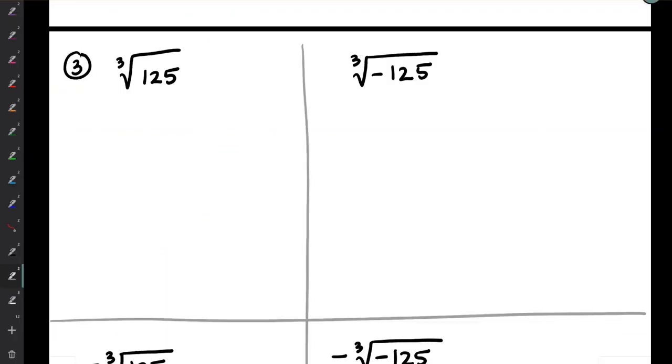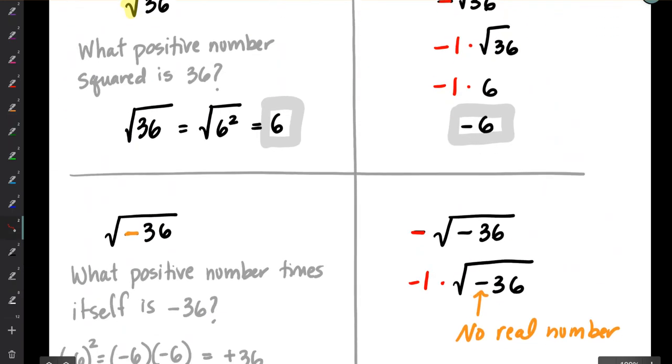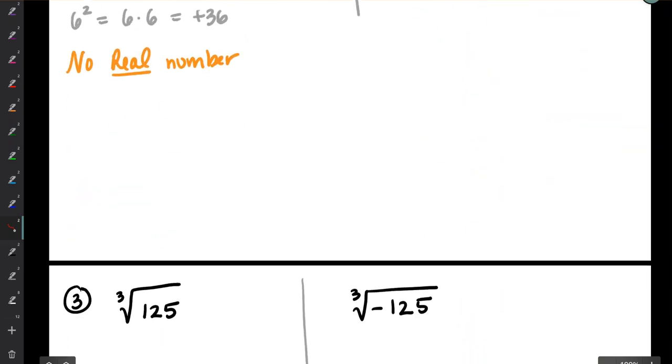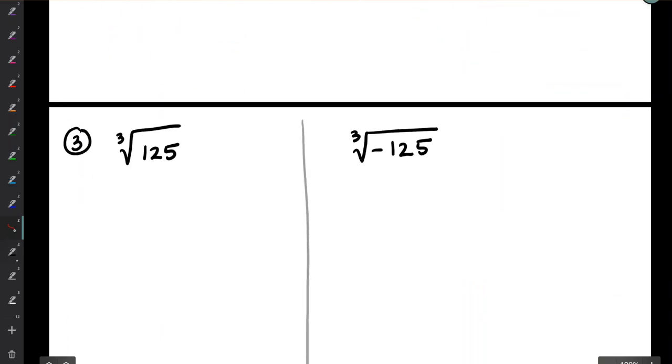I want to actually do 4 problems just to underscore the difference between a cube root versus a square root. Square root is the most typical kind of root, so we don't actually usually write a little 2 out in front here, but it is secretly there. But for other roots, we need to write them.